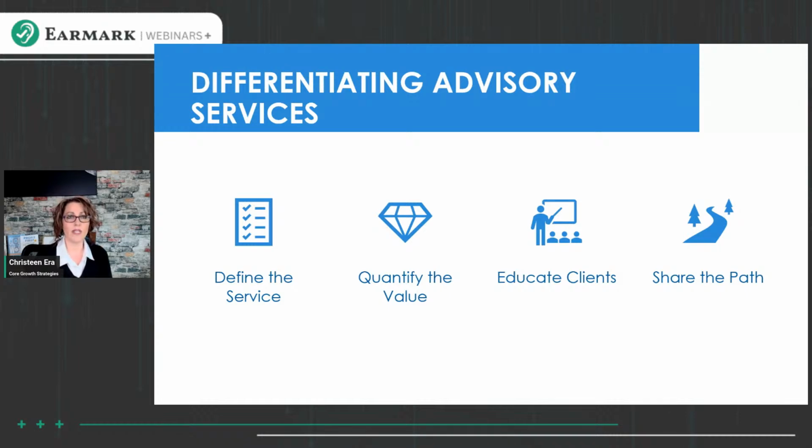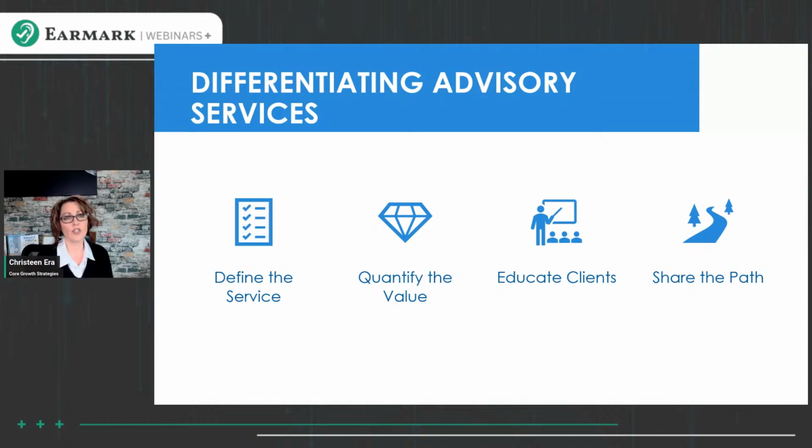So continuing to increase that client's business acumen is going to help them understand the value of what you're bringing to the table. And then lastly is to share the path, right? So provide a proven process or pathway. Let them know, how are we going to get there? What does it look like along the way? And that pathway is one that not only you and your team can follow, but your clients as well.